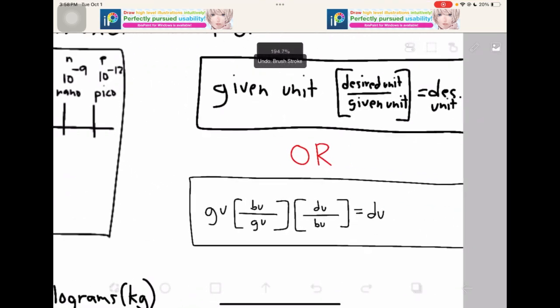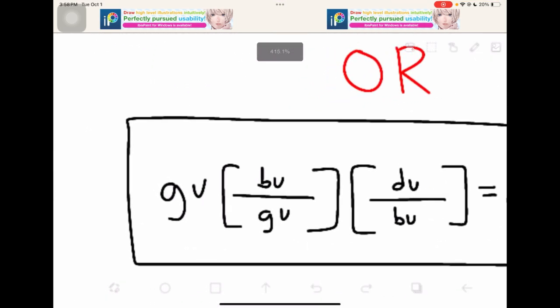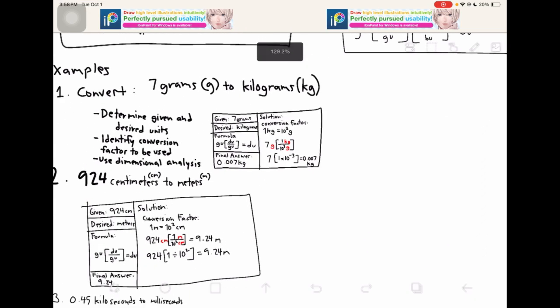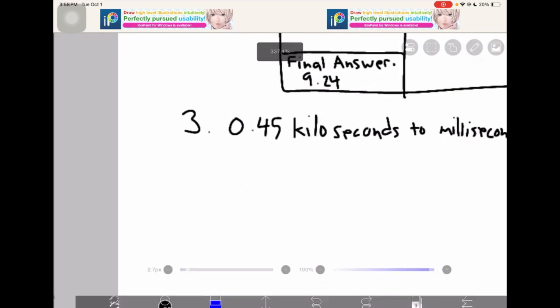This is where we get our second formula, which is just given unit, and then base unit over given unit, and then desired unit over base unit is equal to desired unit. It's a little bit overwhelming, but let's just copy that formula.